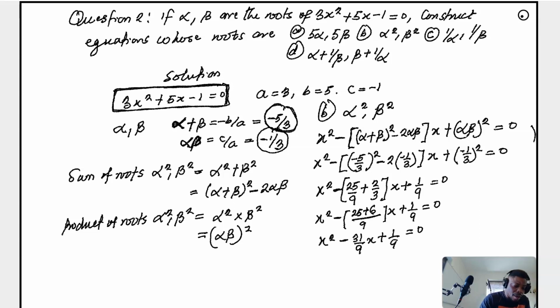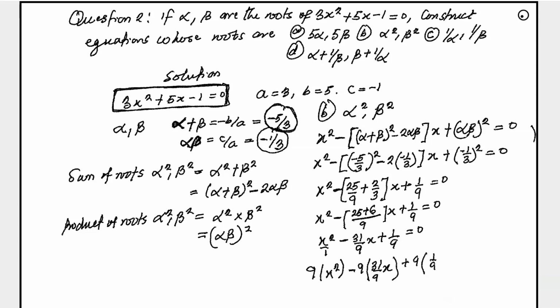Okay, so x squared minus 31 over 9 x plus 1 over 9 is equal to 0. What happens here, you have to multiply it through by 9. Okay, so that will be 9 times x squared, 9 times 31 over 9 x, 9 times 1 over 9, and 0 times 9.